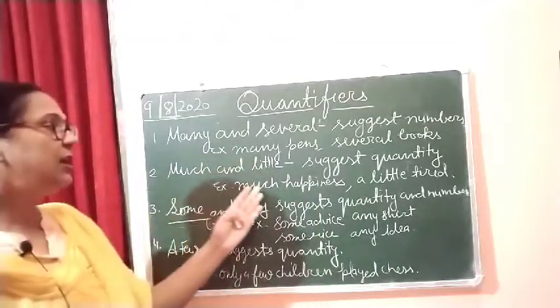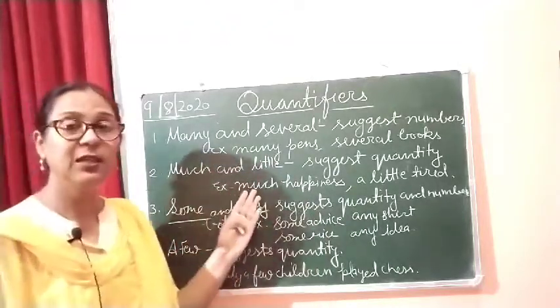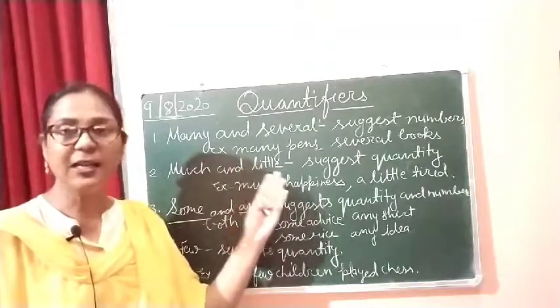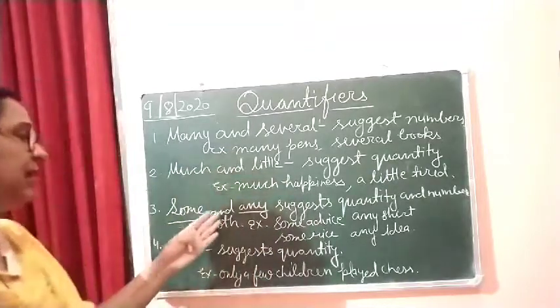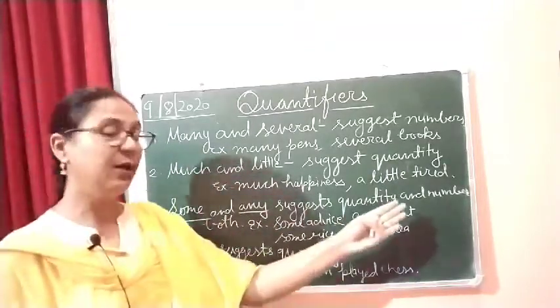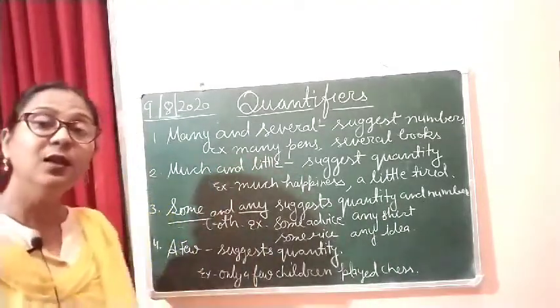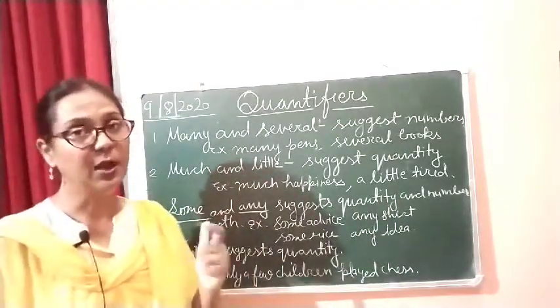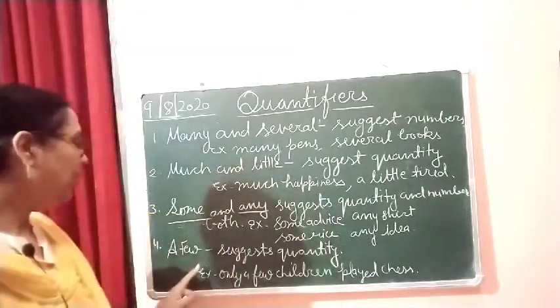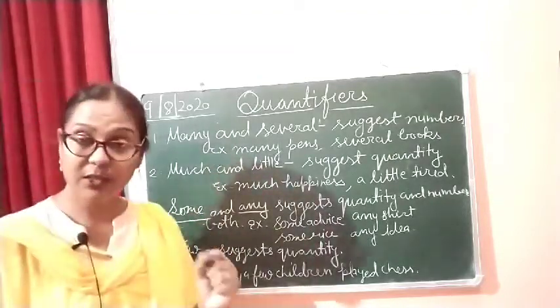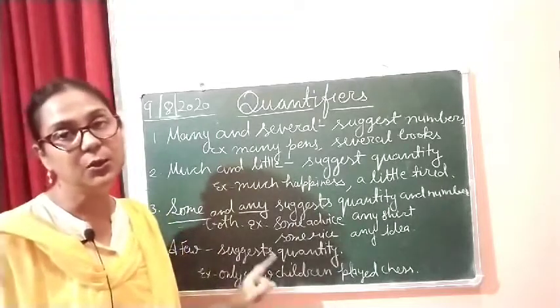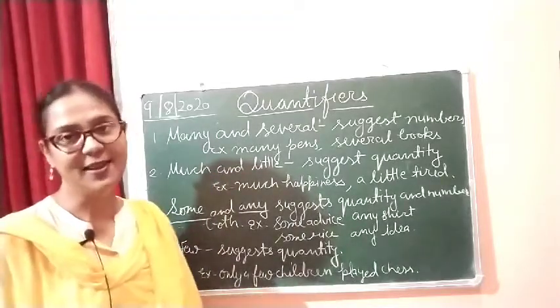Much and little suggest quantity. These are used with uncountable nouns. Some and any suggest quantity and numbers both, so they will be used with countable and uncountable nouns both. A few suggests only quantity, so this we will use with uncountable nouns.